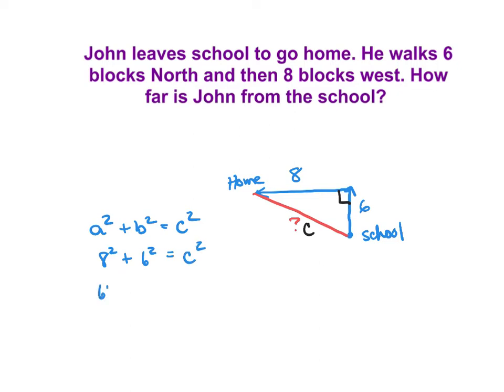So we have 64 plus 36 is equal to c squared. 64 plus 36 is 100, which equals c squared. What does c equal? In order to find c, you must square root both sides, and so c is equal to 10 or 10 blocks.